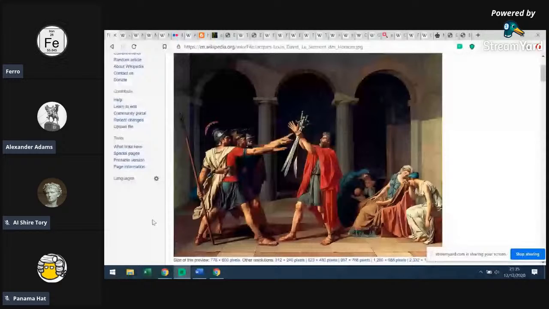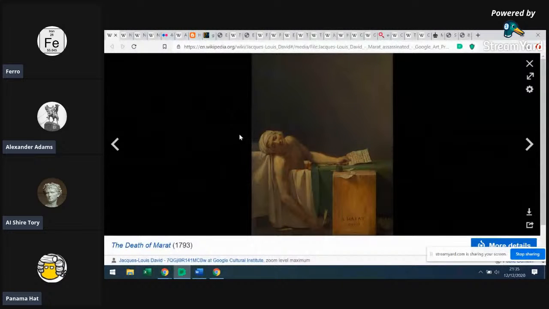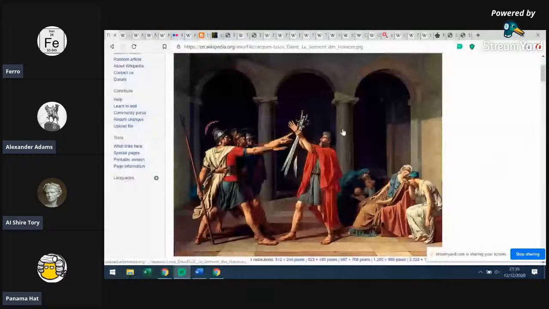Okay, that's great. And then the Death of Marat. Just one addendum about that painting. I believe it's actually part of the origin myth around the Roman salute, and what would come to be known in modern terms as the fascist salute.